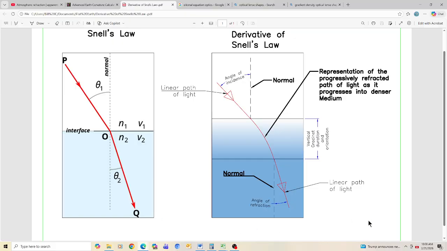If light hits a progressive section of optical density change, then it will continue to bend based on an iconal equation. It will bend in something that's similar to a curve.